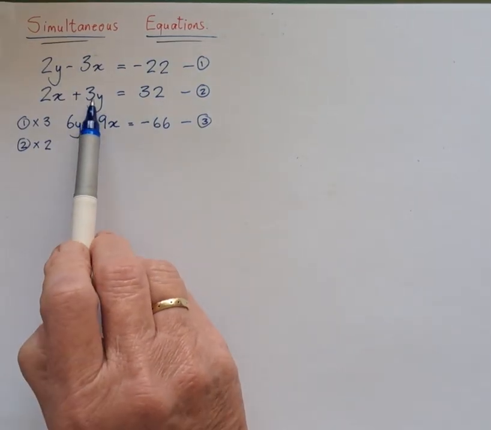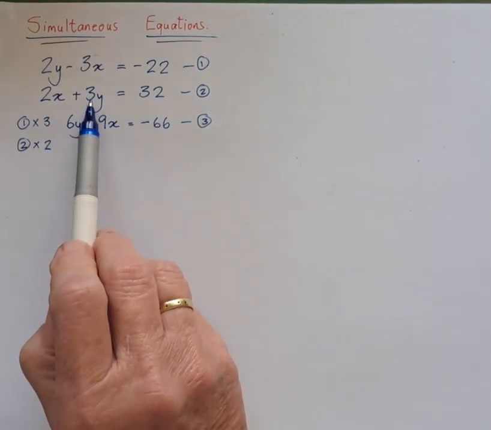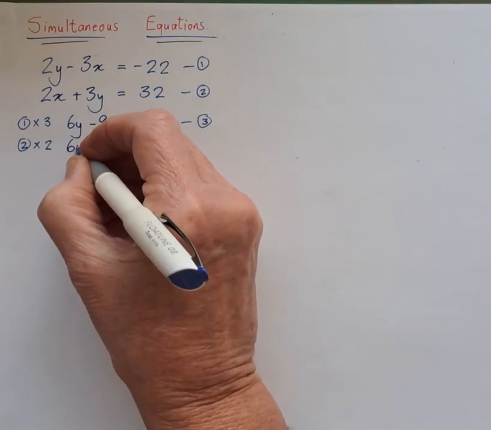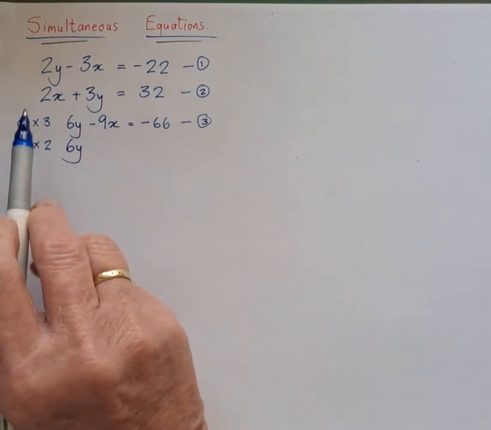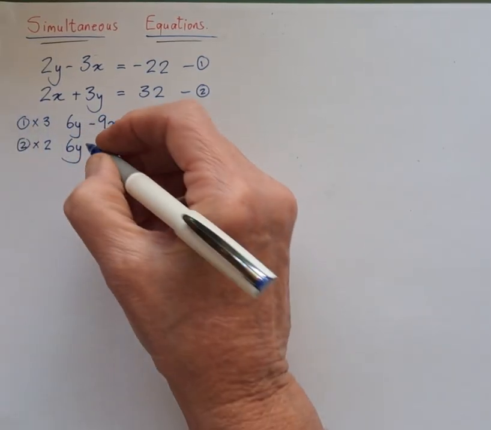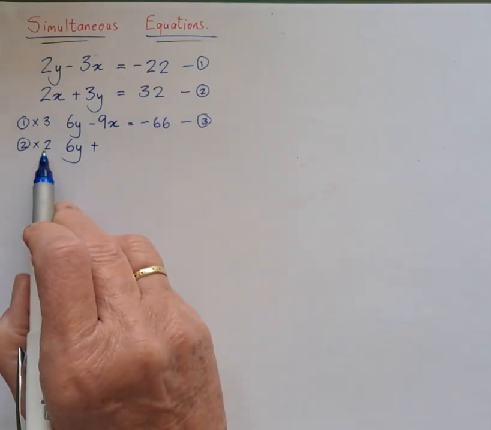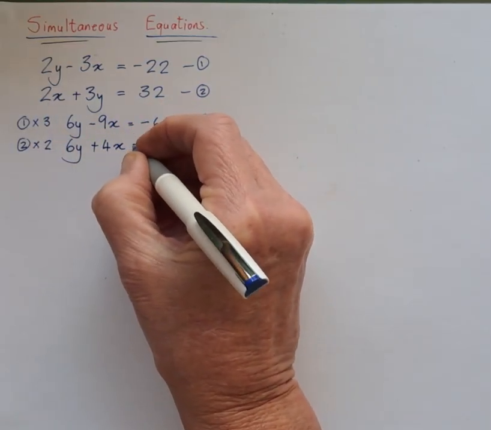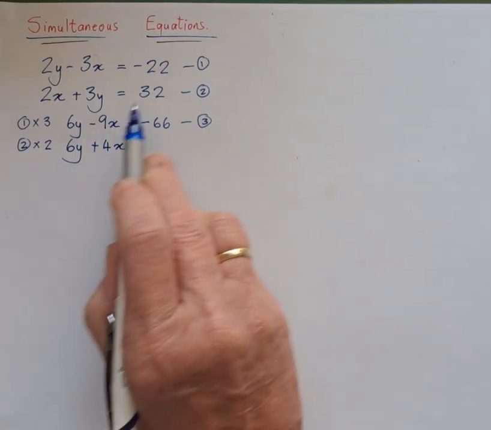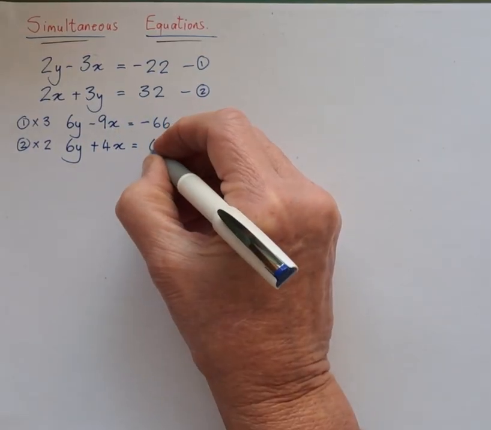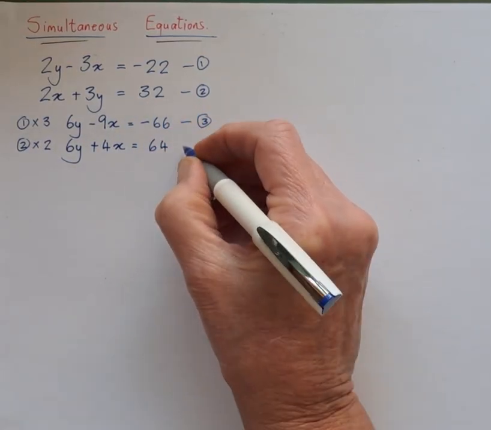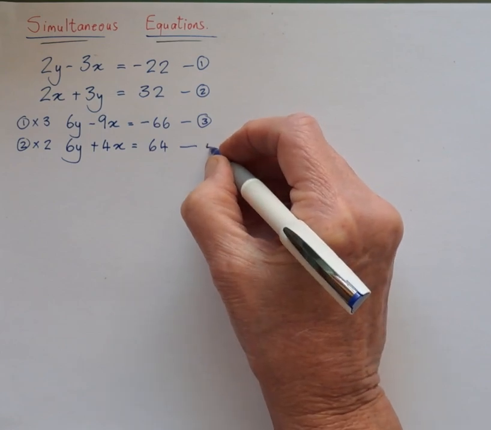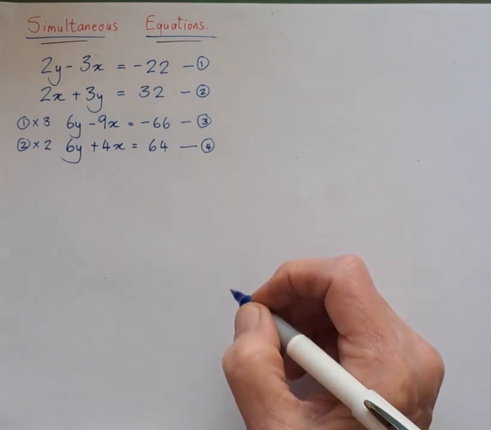So let's start with that term. 2 times that term is going to give me 6y. Remember, this is a positive 2. And now I need to say 2 times 2x is 4x. And then I also need to say 2 times 32, which is 64. And because I've changed its appearance, I'm going to also change its number.